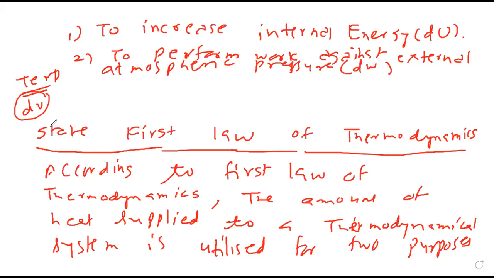Okay, just copy this, then I'm writing the formula for the first law of thermodynamics. Heat supplied is used for two purposes: to increase internal energy and to do work. Internal energy means temperature will increase, work means it will expand.